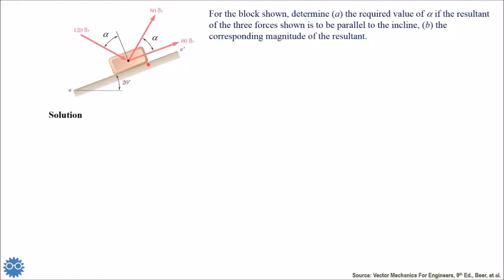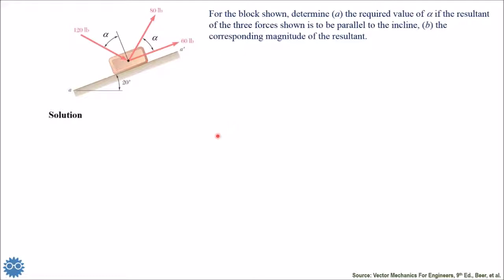So now the unknown is alpha. The resultant also is unknown, but the direction of the resultant is known. So the resultant will act in the same direction of the force of 60 pounds. Okay. The second requirement is the corresponding magnitude of the resultant.